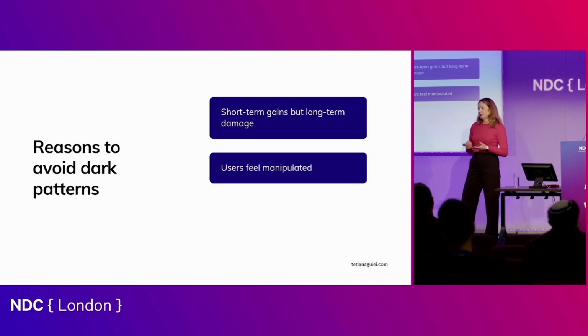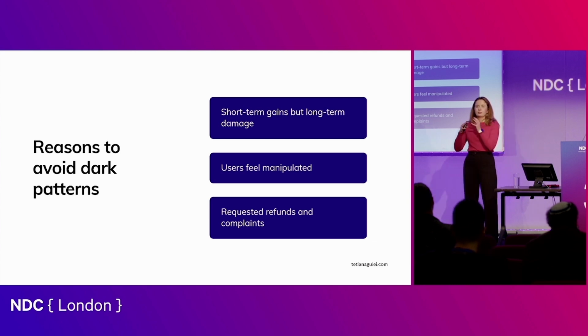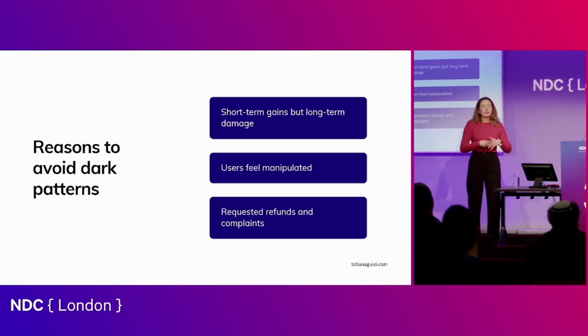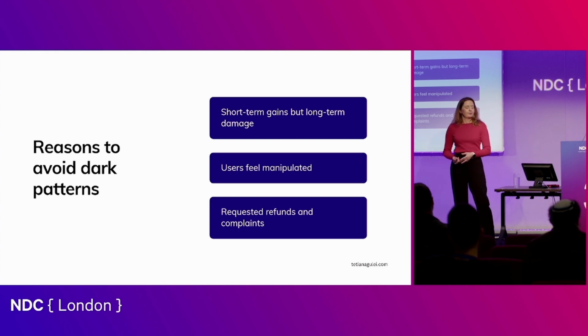And nobody likes to feel that way. We don't like that feeling that we did something we didn't intend to do, that we got tricked. So when users feel manipulated, they will most likely request refunds if they purchase something they didn't intend to, or complain and give a bad review that you cannot use as a social proof for your interface. So you cannot borrow trust from others anymore.